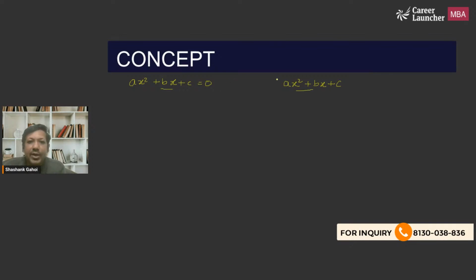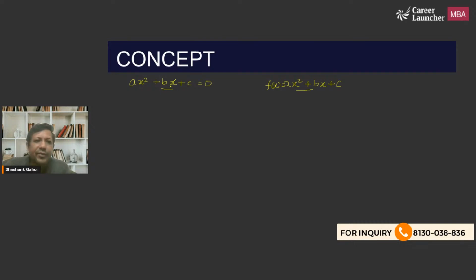Now let's give this thing a name, and that name is f(x). So f(x) equal to this, ax square plus bx plus c. Now this is the quadratic function and this is the quadratic equation.